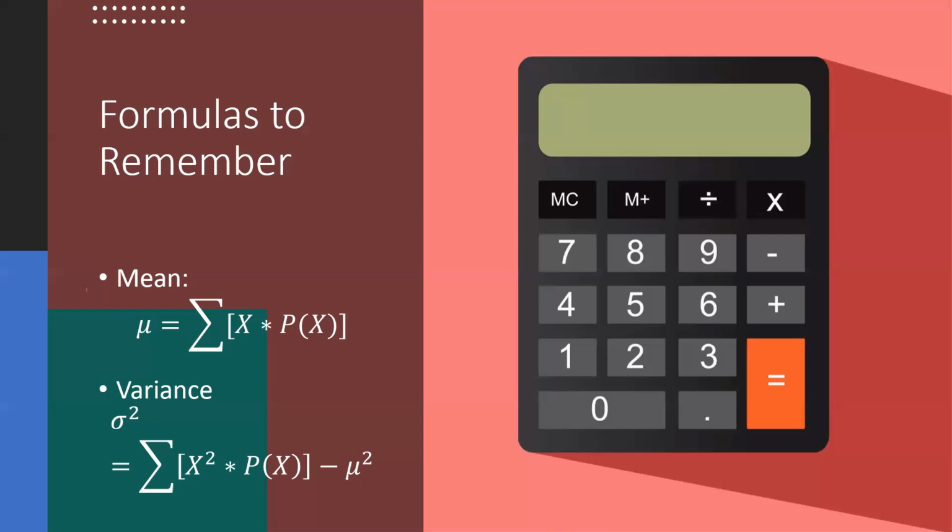Then for the second round, we find the product of the second x squared with the second p of x, and so on and so forth. Then after that, we find the sum. Then we subtract the square of the mean. So that's how we find the variance. It applies to various real world situations.